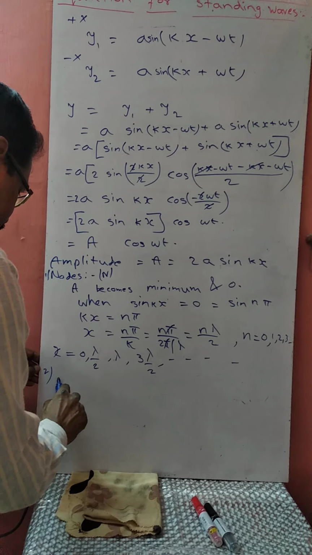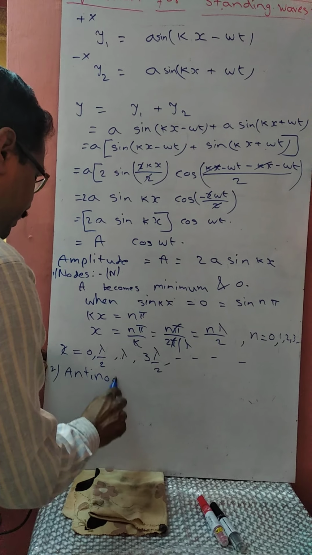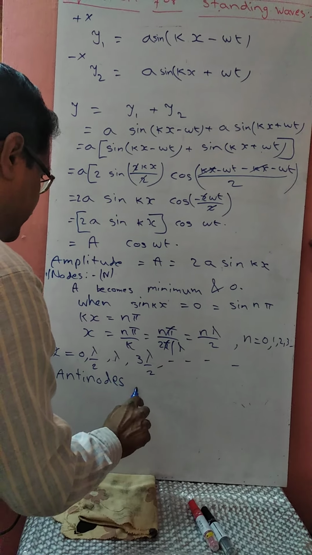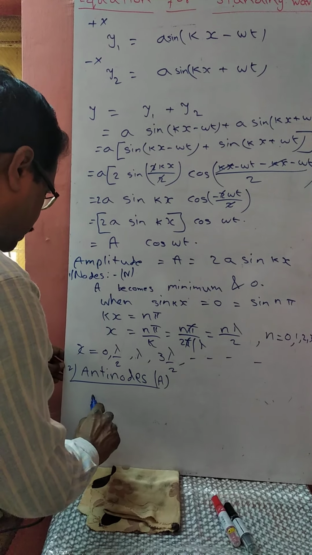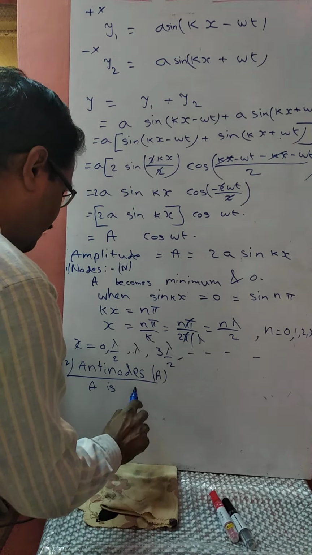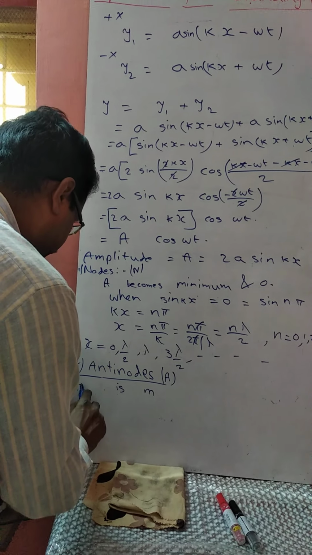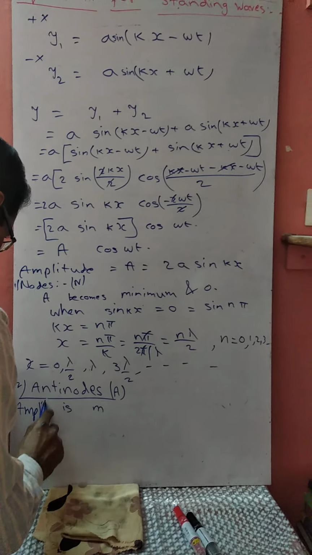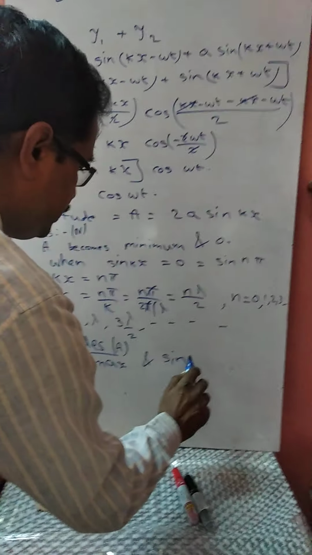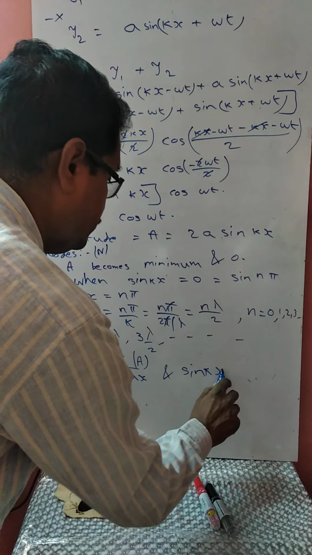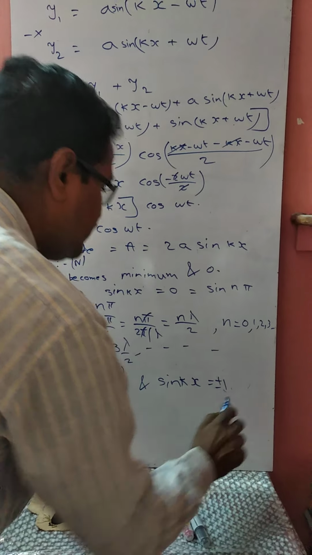And similarly there are certain positions where the amplitude is maximum, and those positions are called the antinodes, which we are going to represent with A. So the amplitude is maximum when sine kx equals plus or minus 1.